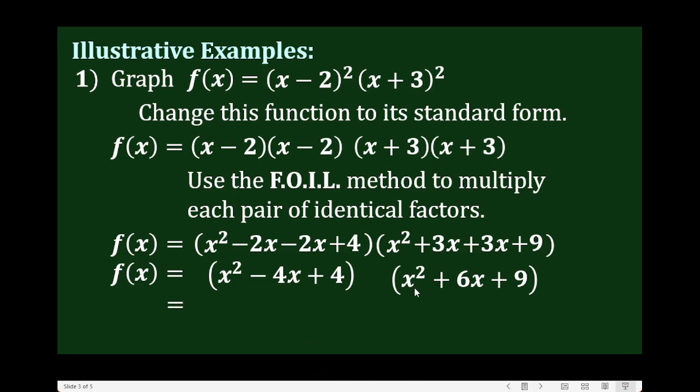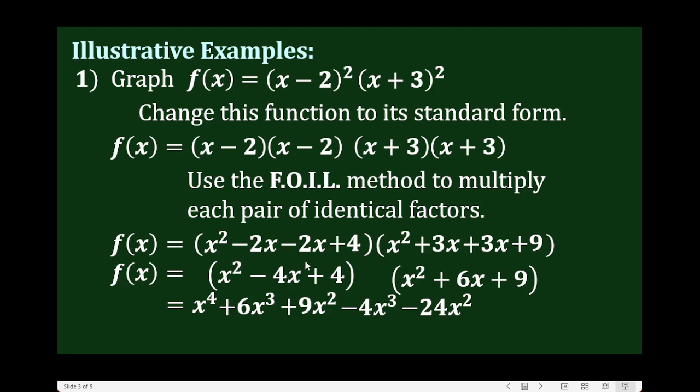We have x squared times x squared is x to the fourth, followed by x squared times 6x is 6x cubed, or plus 6x cubed. Then x squared times 9, that will give you plus 9x squared. Then followed by negative 4x times x squared is negative 4x cubed. Then negative 4x times 6x is negative 24x squared.